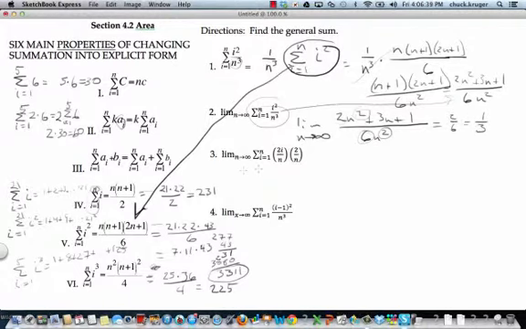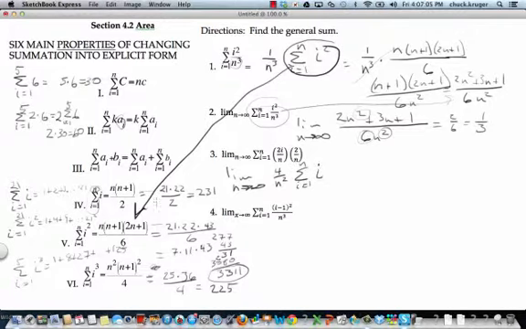Likewise, I'm going to do this particular problem, and notice I'm going to take the limit, so I'm going to write the limit as n goes to infinity. And what I'm going to write here is I can multiply the 2 times the 2 and get the 4, and the n times n and get n squared. So I have 4 over n squared times the summation of i equals 1 to n of just plain old i.